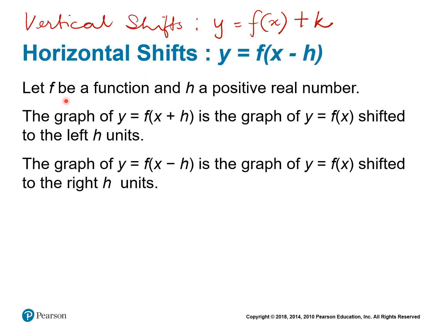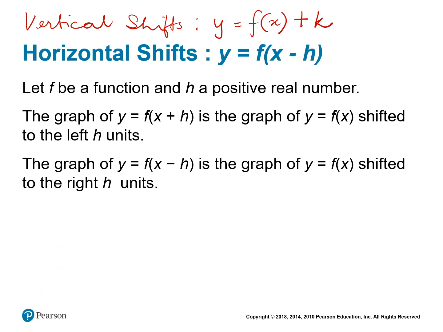Okay, so let f be a function and h a positive real number. Now if h is a positive value, then the graph is going to slide to the right.